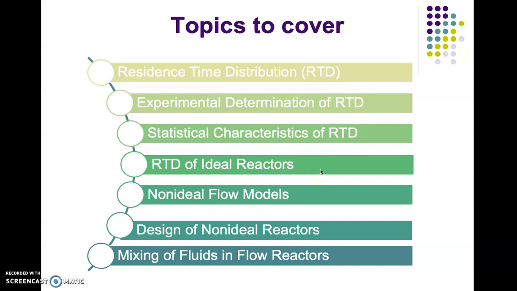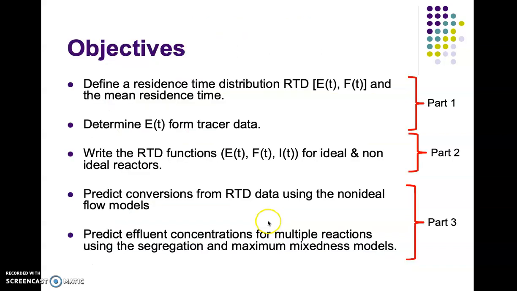You will see back all the reactors that you have learned before: batch, PFR, PBR, CSTR. Then RTD in non-ideal flow models, design of non-ideal reactors, and finally mixing of fluid in flow reactors.